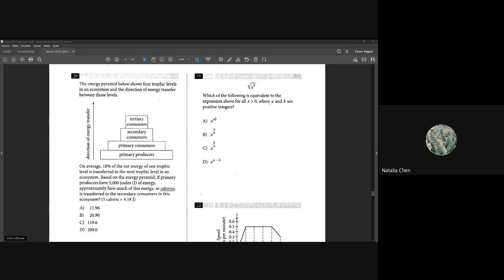If primary producers have 5,000 joules of energy, approximately how much of this energy in calories is transferred to the secondary consumers in the ecosystem? 1 calorie is 4.18 joules.